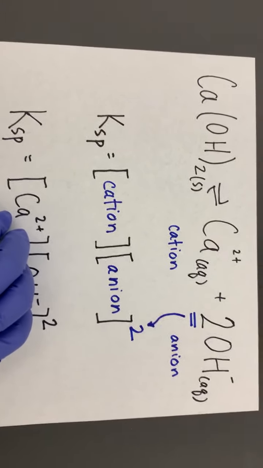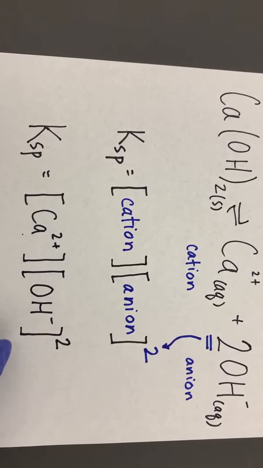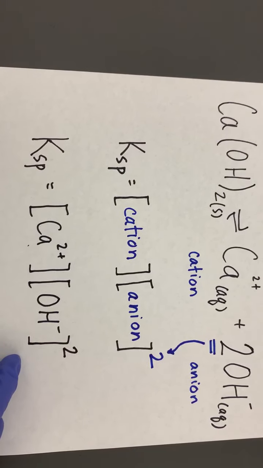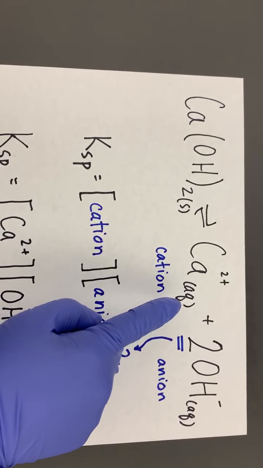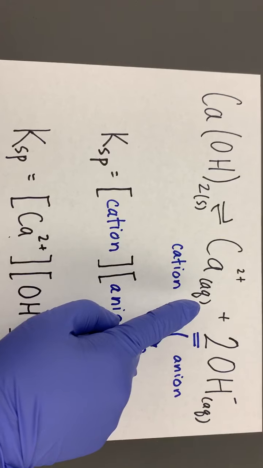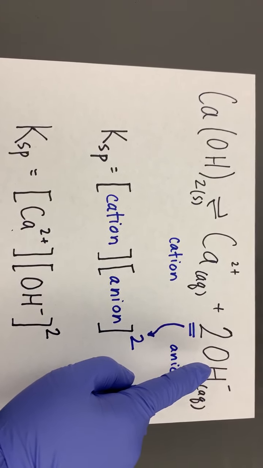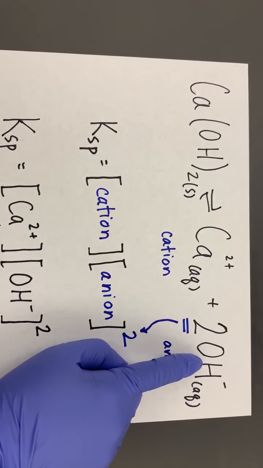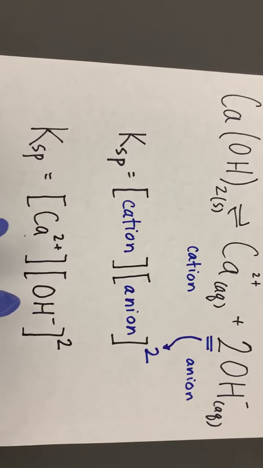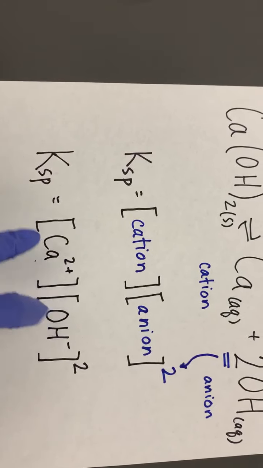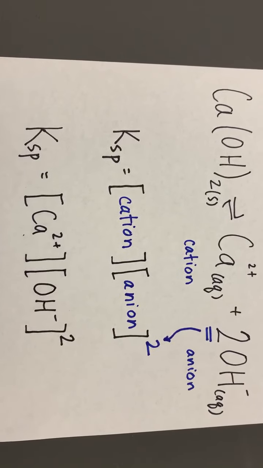Okay, so now that we know how to set up Ksp, what we're going to do in lab is make a saturated solution of the calcium hydroxide, and then we're going to titrate that solution, because titrating the solution will give us the concentration of OH- and the concentration of Ca2+, which we're going to plug into our equation to determine the Ksp for calcium hydroxide at room temperature.